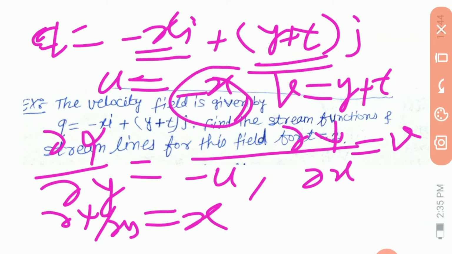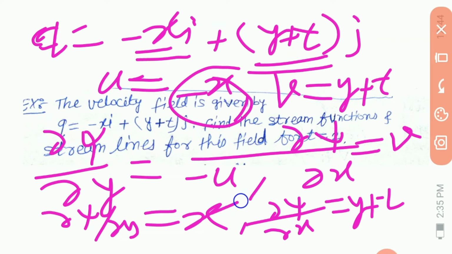So this will be plus x, minus minus plus. And ∂ψ/∂x is v. v is y plus t. So ∂ψ/∂x is equal to y plus t. Suppose this is number 1 and this is 2.